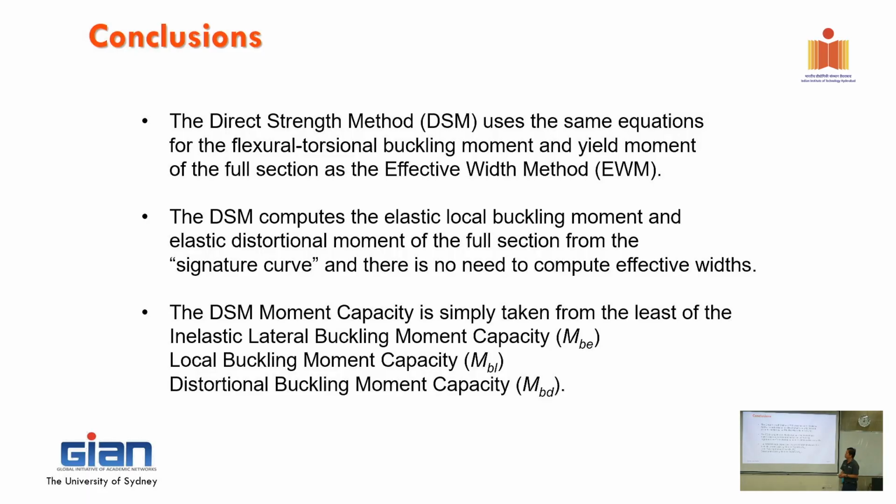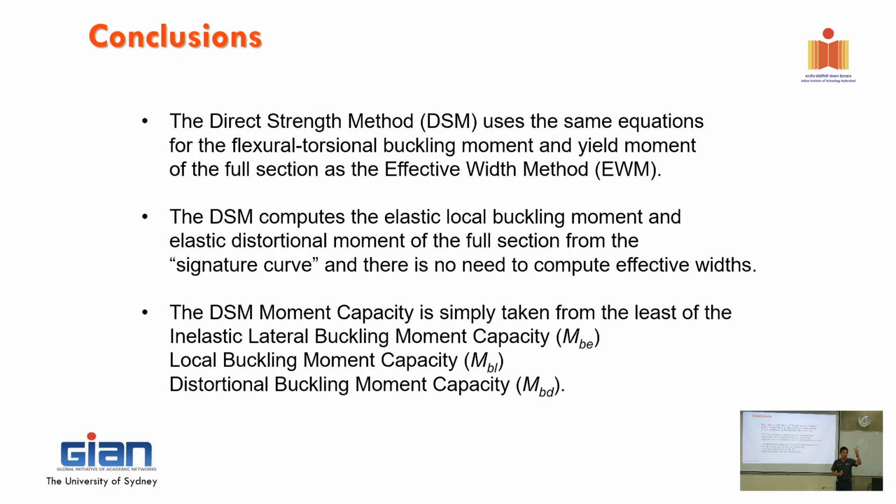So what we do, we just use the signature curve from Thin-Wall 2 or from CUFSM or GBT or whatever program. You just get those 3 or 2 minimum points. Then you can calculate the local buckling and distortional buckling moment or load. Then you plug into the direct strain method equation.